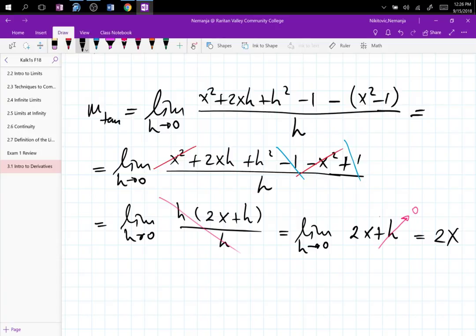All right? 1 over x is going to spit out a negative 1 over x squared. Every time you change the function, the answer you get for the tangent line slopes is going to be different.